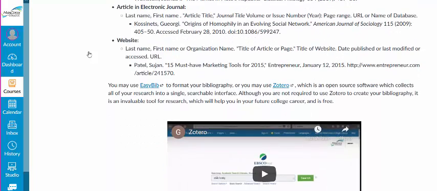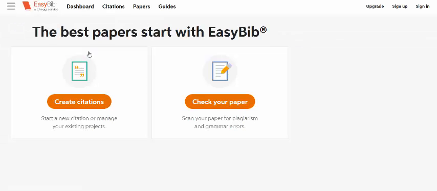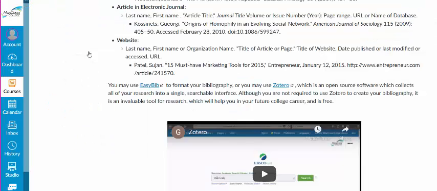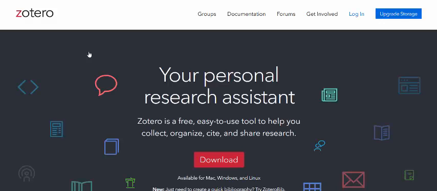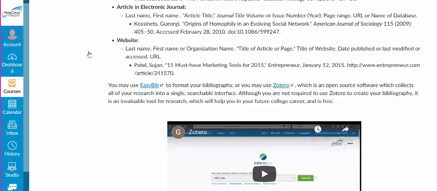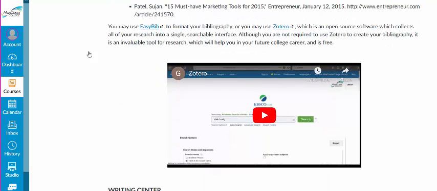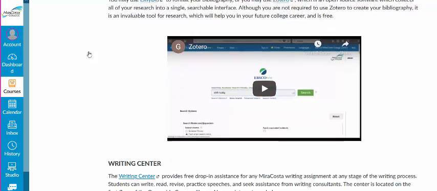And you can use an application like EasyBib to format your bibliography, or you can use an open source software called Zotero, which collects all of your research into a single searchable interface. It's free, and if you're continuing on in your university career, you may want to use that, as it's very helpful, and I've created a video on how to use that.